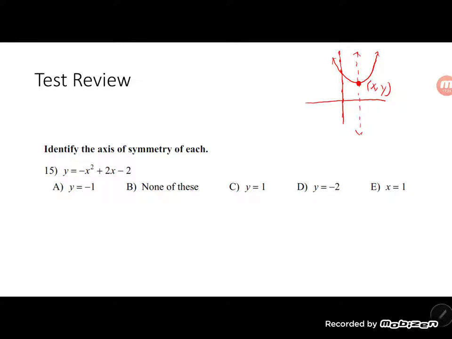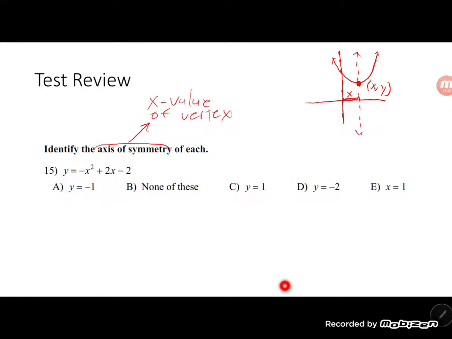Well, the axis of symmetry scooted to the right by a value of x, meaning the same as the x value of the vertex. And that's why we conclude that the axis of symmetry is the x value of the vertex.